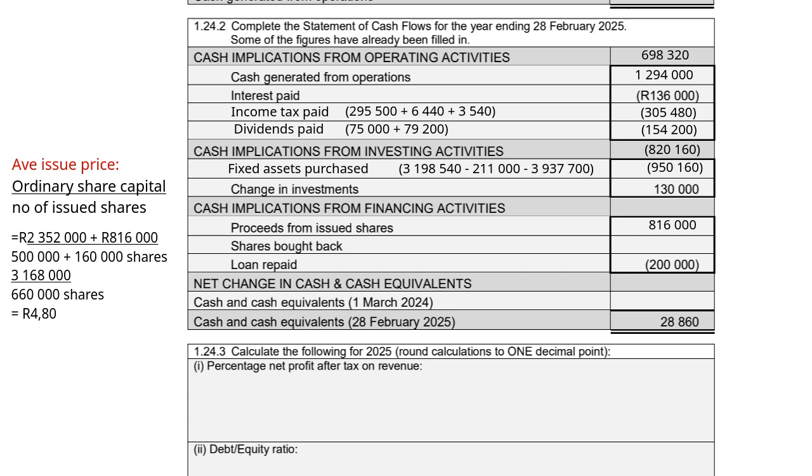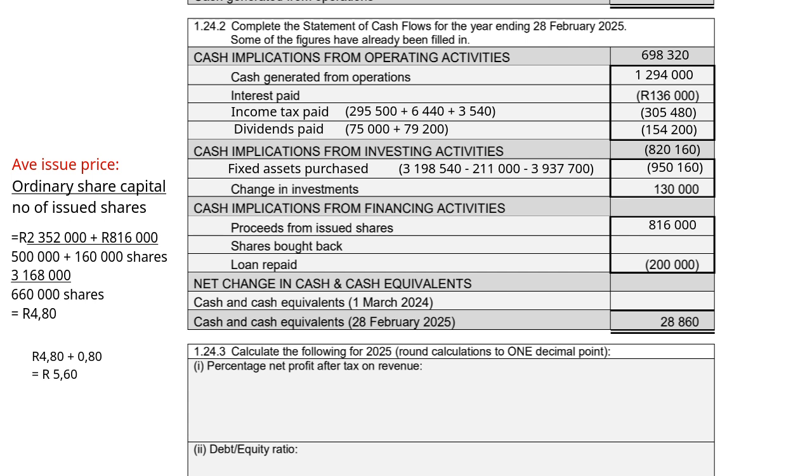If we go back to the question, they said on 1 September, 80,000 shares were bought back from an unsatisfied shareholder at 80 cents higher than the average issue price. So the price we bought the shares back is then R4.80 plus 80 cents, which gives us R5.60.